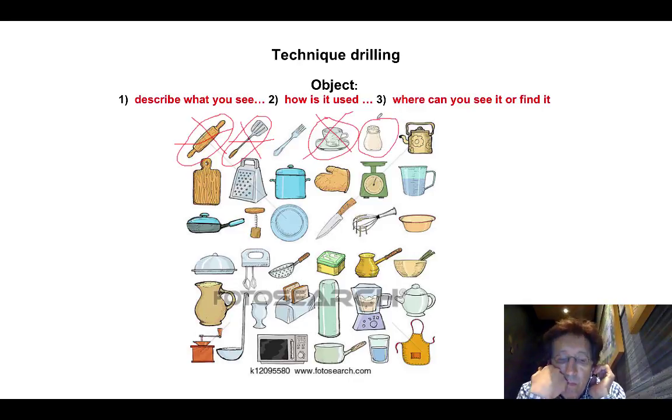Next object is what? Box. Which is boiler. Yeah, it's a bottle for what? What kind of bottle? What's inside? You describe what you see first.